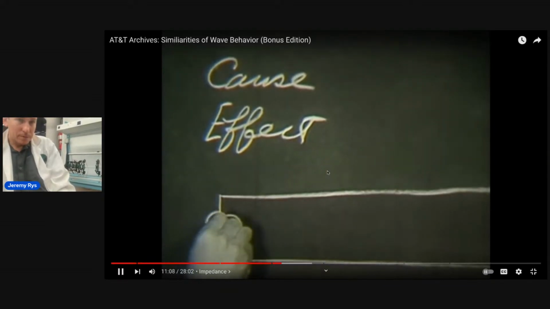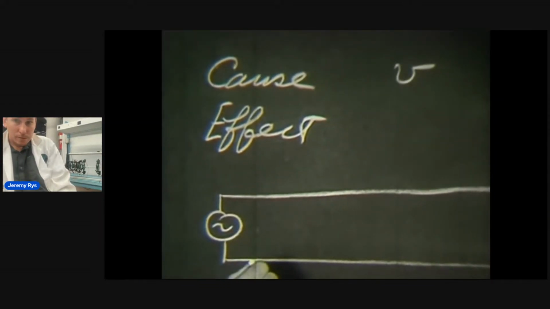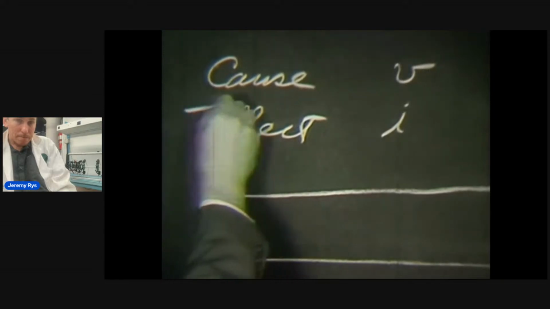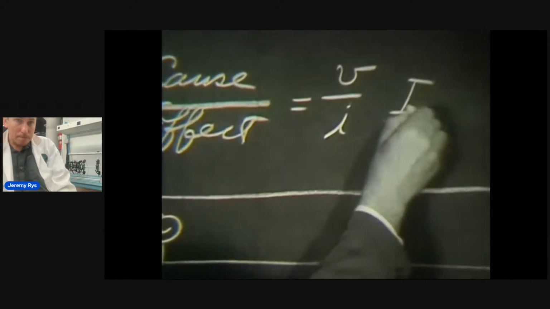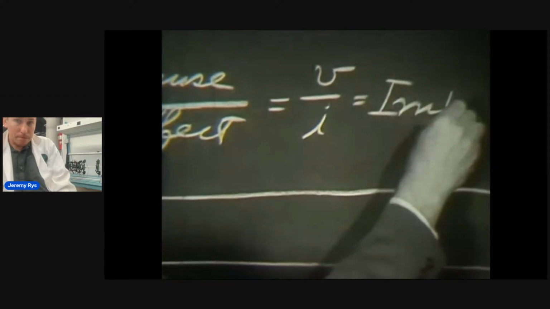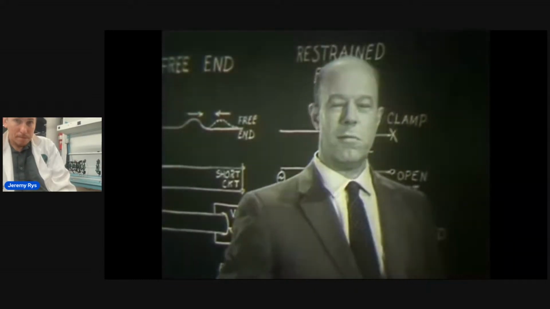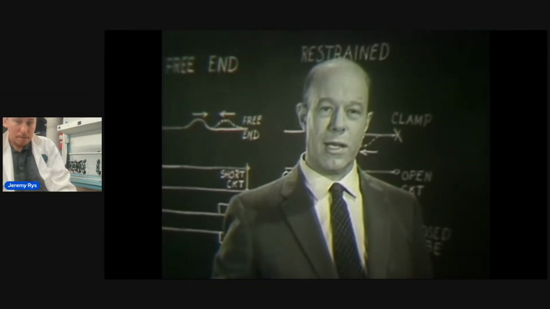The input end of the line, while the result is an AC current flowing into the line. The ratio of the cause to the effect is called the impedance. You're probably most familiar with the term impedance through your studies in the field of electricity.